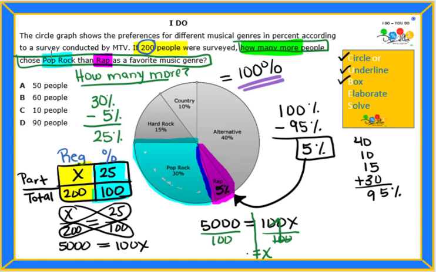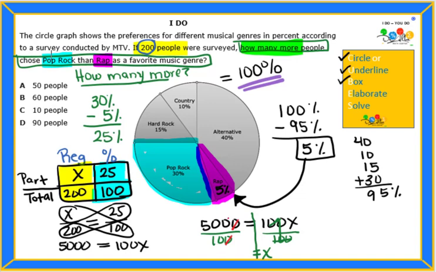5,000 divided by 100. But if I use my rules about dividing by multiples of 10, as I divide by multiples of 10, zeros are eliminated. So here I have 5,000 divided by 100. If I divide both of them by 10, I can take away 1 zero.